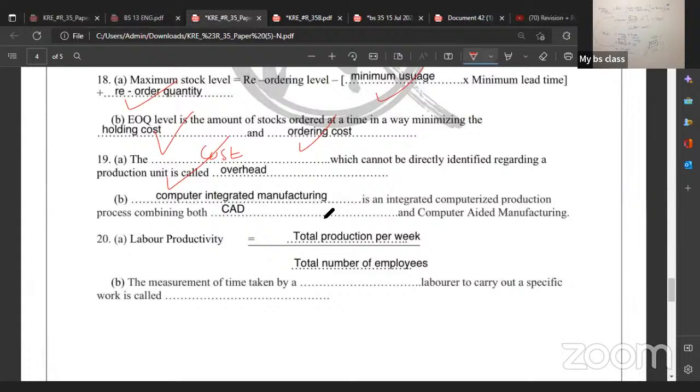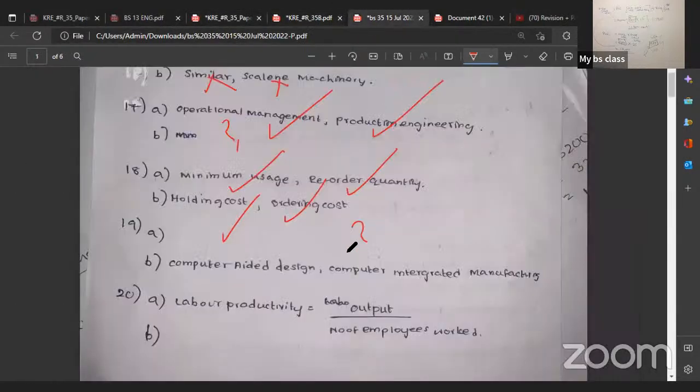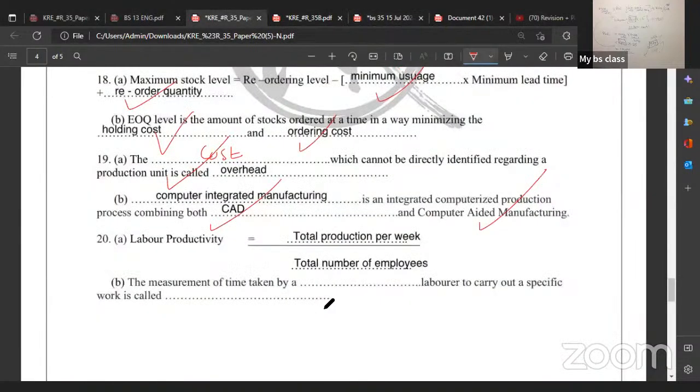Computer integrated manufacturing is an integrated production process. Both CAD and CAM, CAD CAM are integrated. Yes. Labor productivity, total production per week, per month, total production units into total number of employees, man hours done, right?